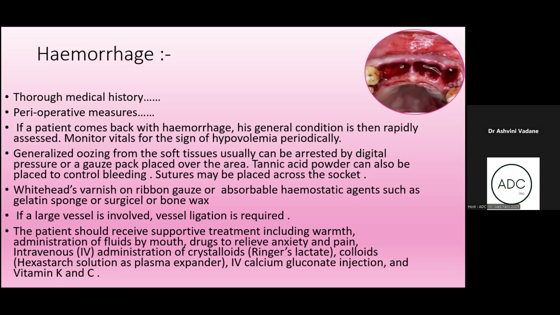Then drugs to relieve anxiety and pain, IV administration of Ringer's lactate, colloids, IV calcium gluconate injections, injections of vitamin K and C. All these are the precautions you can take to manage the hemorrhage.